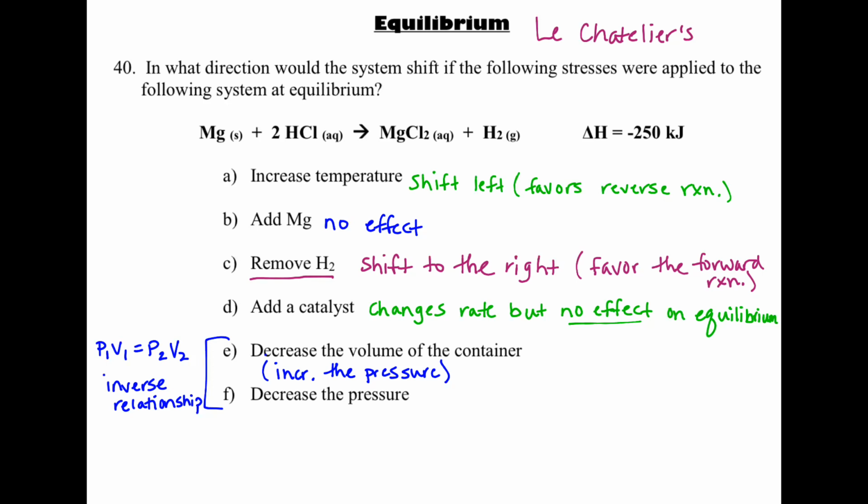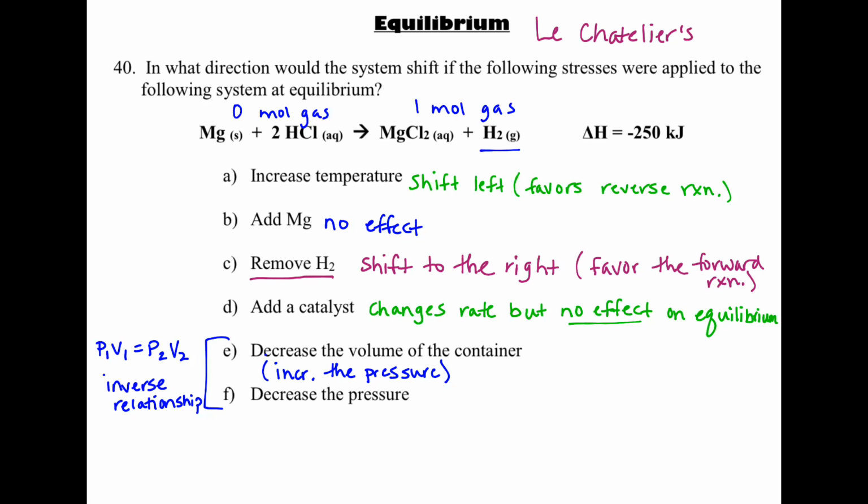Okay, so let's think about it this way. Our system now has less space for these particles to occupy, and the ones that we're really concerned with if we're talking about pressure and volume are the gases. So let's look up at our reaction at the top. We only have one thing that was a gas, which was over here. Okay, so I have 1 mole of gas on the product side and 0 moles of gas on the reactant side.